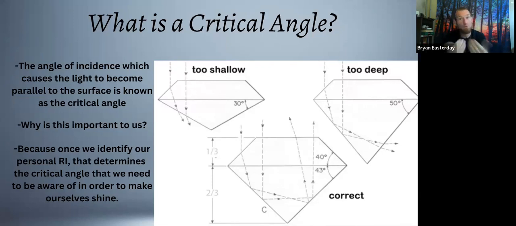And everybody's critical angle, just like everybody's RI, is going to vary. What works for one person, or what one person can tolerate and work with, may not work for another. So you have to identify what it is for you personally that works and doesn't work for allowing you to be your best self, and then stay within that.